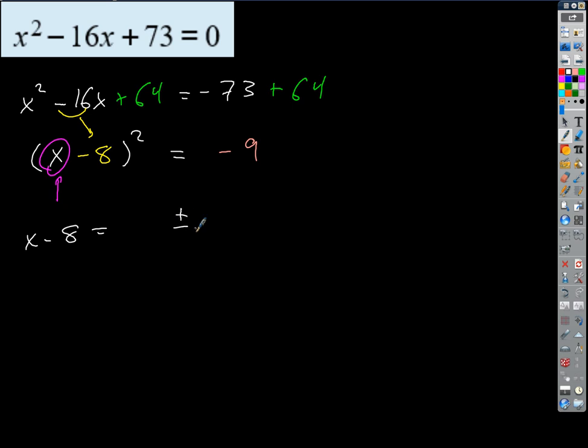What's the square root, Jeremy, of -9? 3. Good, plus or minus 3, and then the negative becomes an i, right? And then last step you told me was add 8, so we end up with x equals 8. We're going to put that in front of the plus or minus, right? 8 plus or minus 3i. Okay, that worked great. No problem.